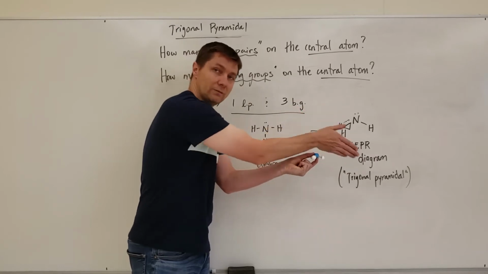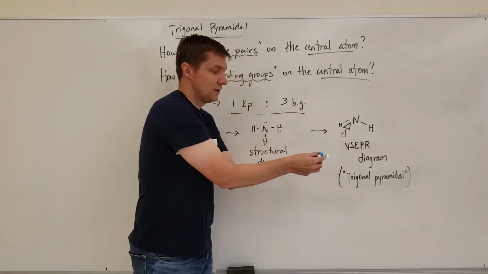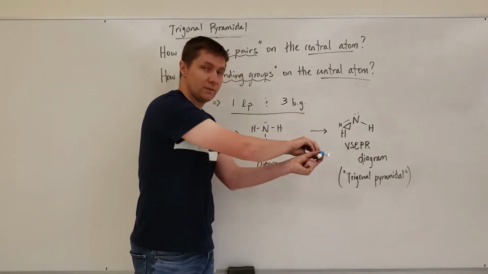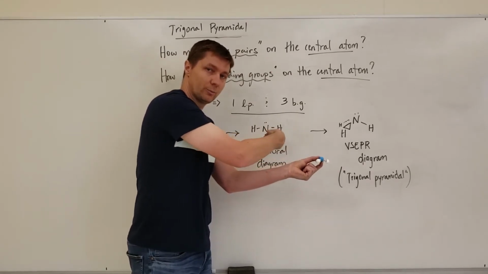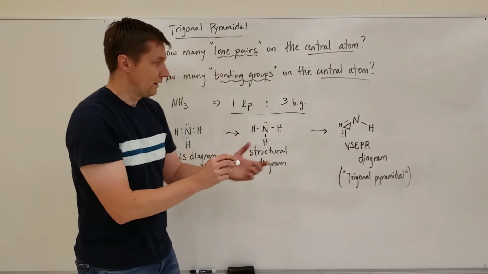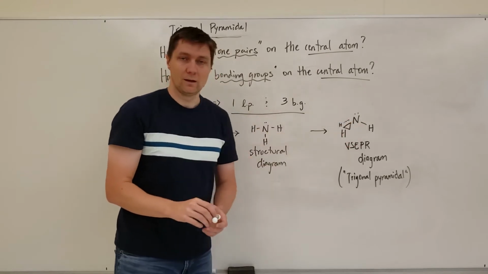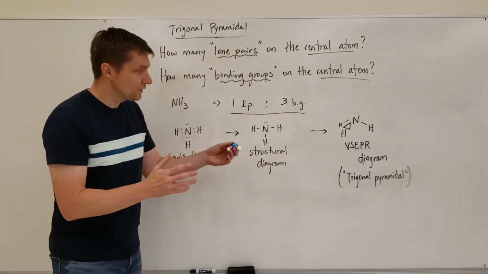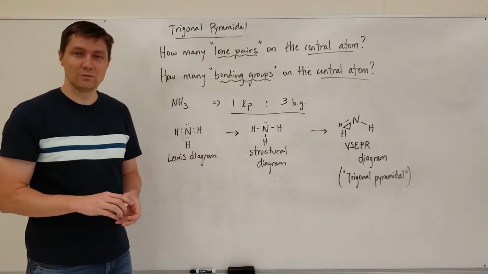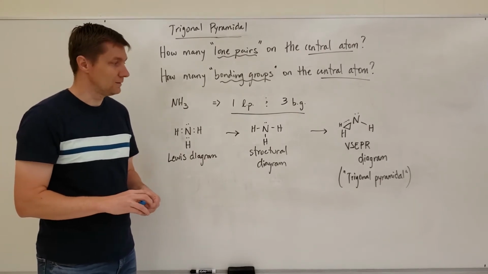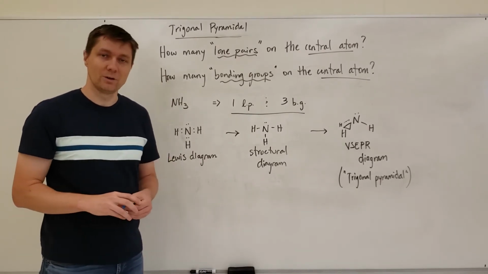It's in the plane of the page, but this hydrogen here is coming out of the page, and this hydrogen is going into the page or behind it. And so we have to represent it like that in that diagram. So it's a little tricky. Give it some practice, try a few, and see if you can draw them. And that's trigonal pyramidal. Got one left.